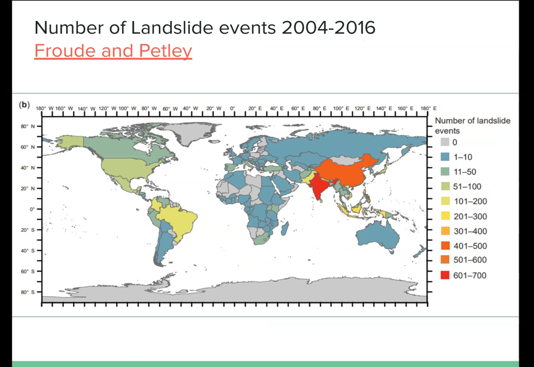Of course, one of the biggest hazards that come along with landslides are deaths. And this is a map that was created to show the number of deadly landslide events from 2004 to 2016. And you can see there's definitely a really stark difference based on where on Earth you happen to be. But you can see more than anything that China and India have far, far more of these landslides than anywhere else.